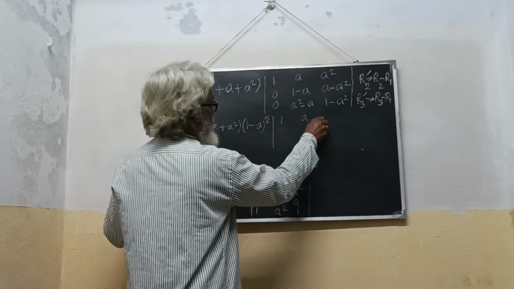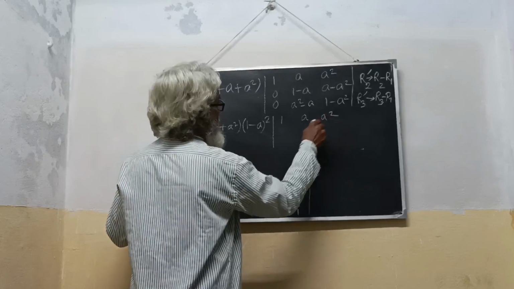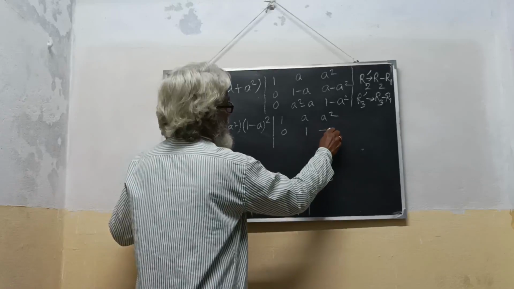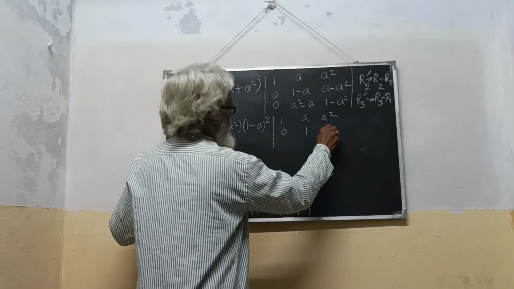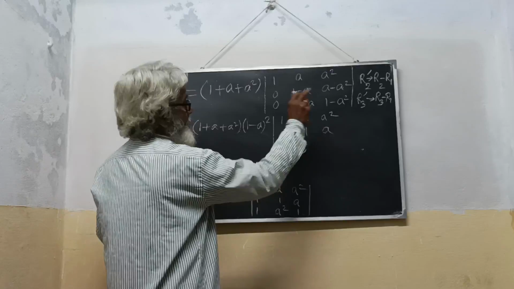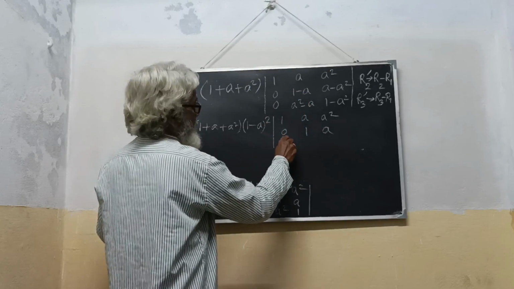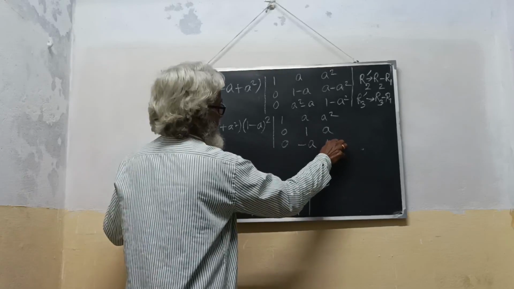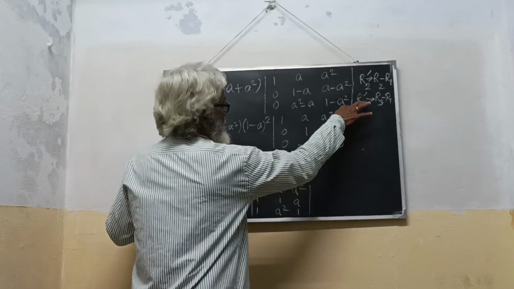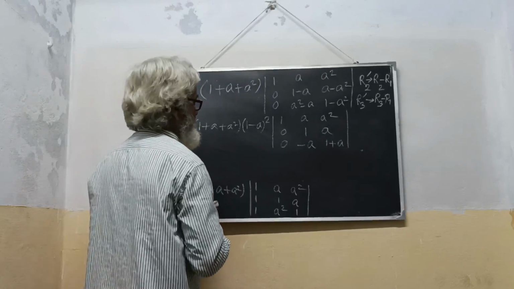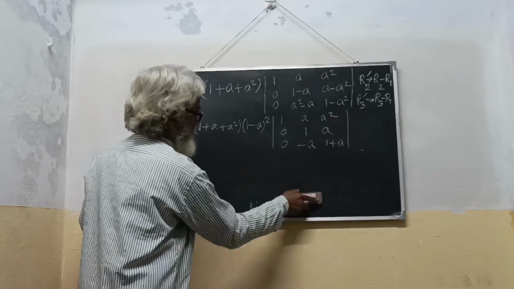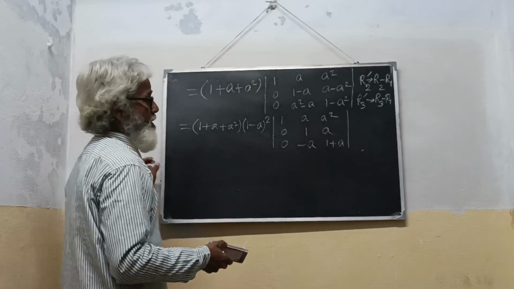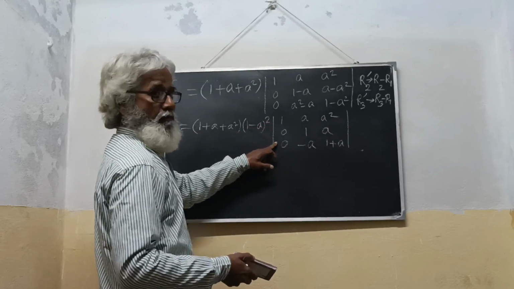The remaining determinant is 1, a, a squared; 0, 1, a; 0, minus a, 1 plus a. Now we expand this determinant by considering the elements of the first column.